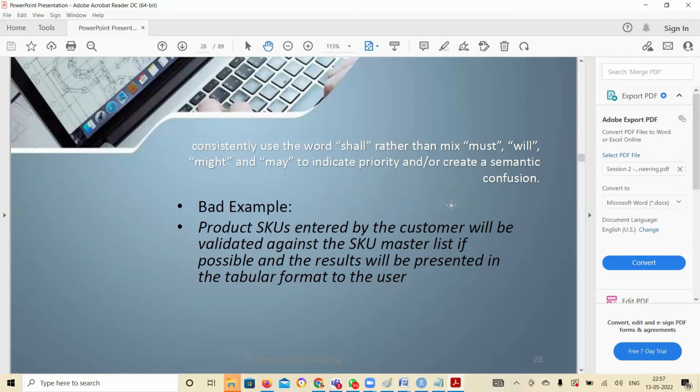Like the BA wants to mention that the user needs a tabular format to represent results. Product SKUs entered by the customer will be validated against the SKU master list if possible, and then the result will be presented in the tabular format to the user.